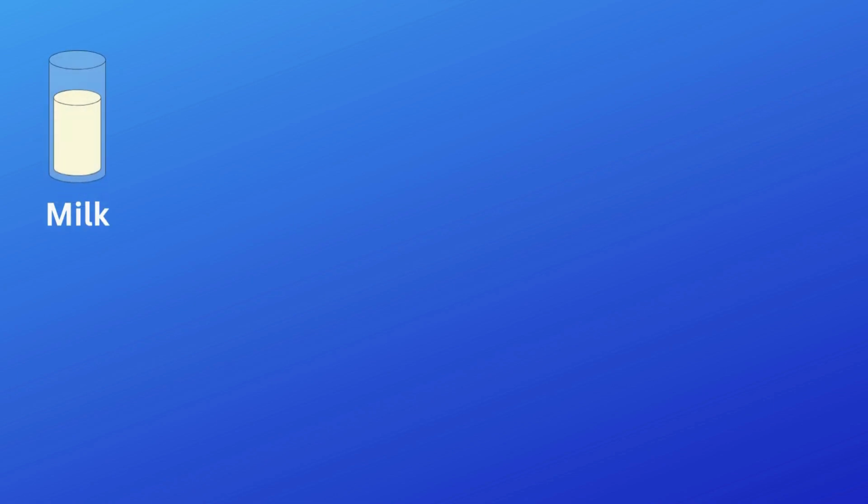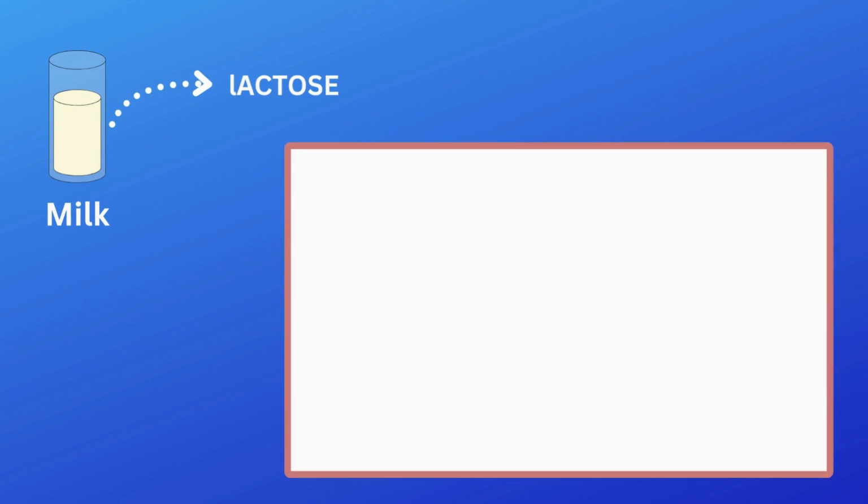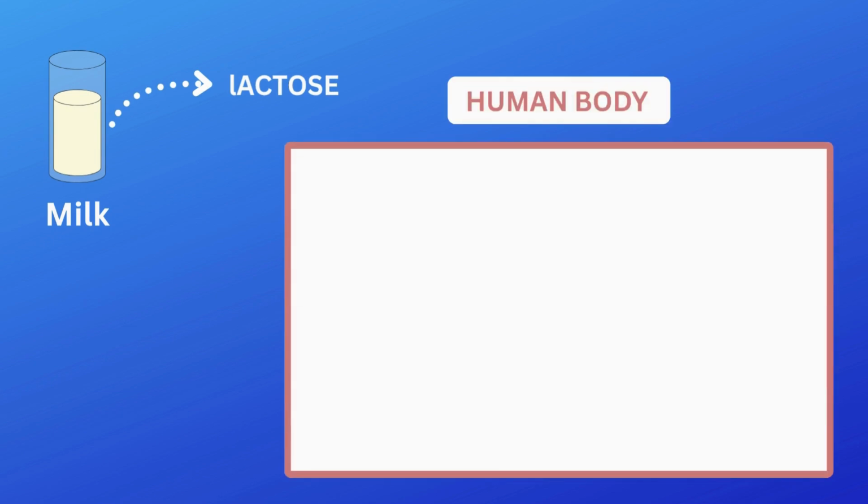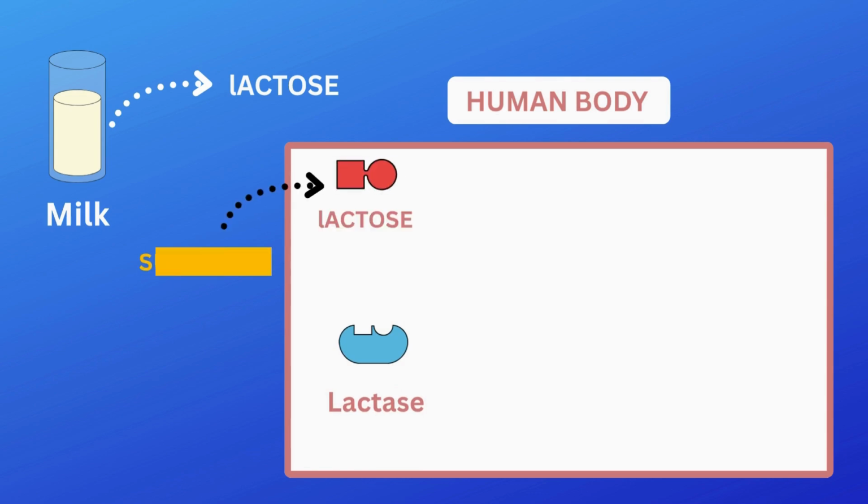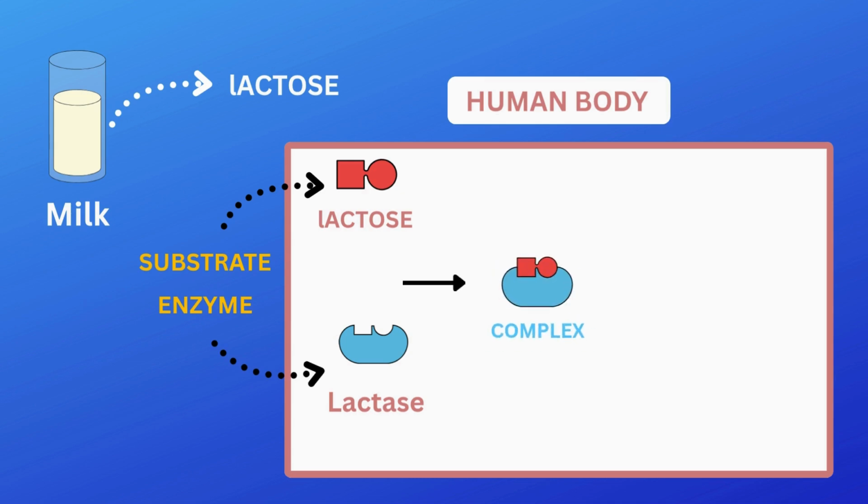Suppose you drink a glass of milk. We know milk has lactose. So, inside the body, we have an enzyme called lactase. This lactose is a substrate here, and it binds with the active site of the enzyme lactase. Now we have this complex of lactose and lactase.